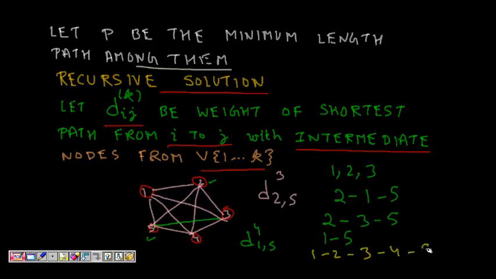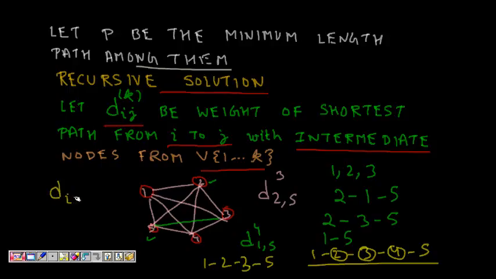This is also possible because the intermediate nodes are 2, 3 and 4. And we can also have 1 to 2, 2 to 3 and 3 to 5 directly. So here also I'm just using nodes 1 to K, where K is 4. So this is one example to make you understand the meaning of Dijk.